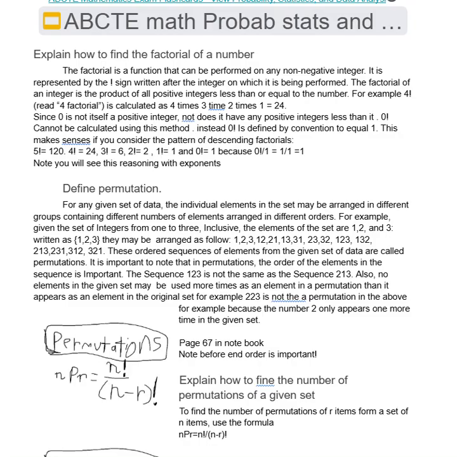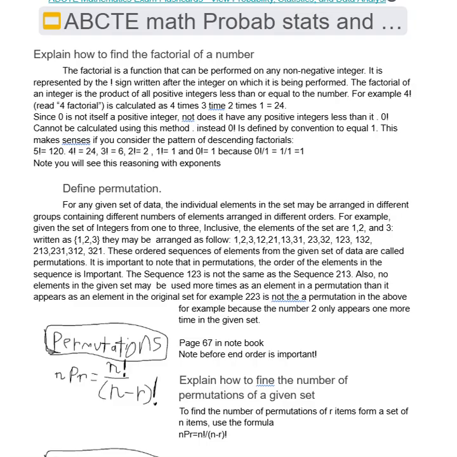They may be arranged as follows: 1, 2, 3, 12, 21, 13, 31, 23, 32, 123, 132, 213, 231, 312, 321. These ordered sequences of elements from the given set of data are called permutations.